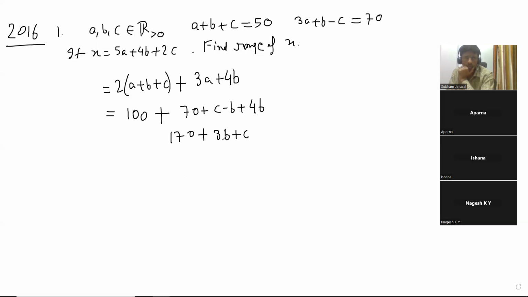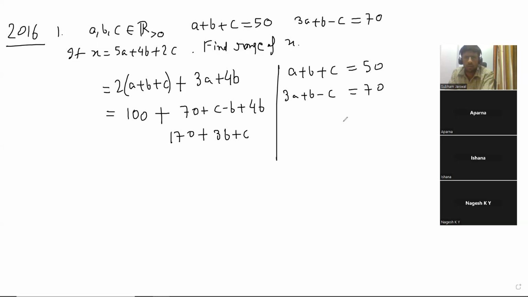Can we simplify 3b plus c? The idea is that you have two equations and three variables. So you can solve for two of the variables in terms of the third variable, right? That should be the logic. That's one way I'm seeing.